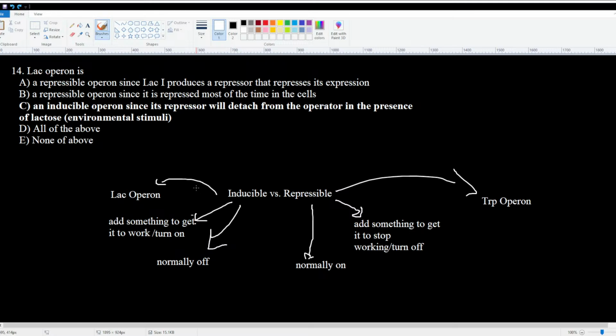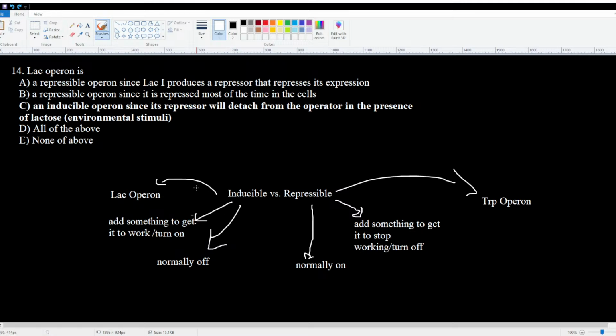If you're constantly making the enzymes to break down lactose when there is no lactose, then you're just wasting resources. So that's the case of the prokaryote. If we don't have lactose as an energy source, then we don't need to break it down, so we don't need to have the enzymes for it.